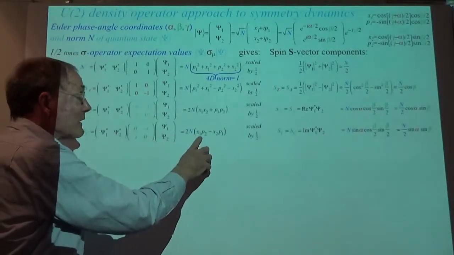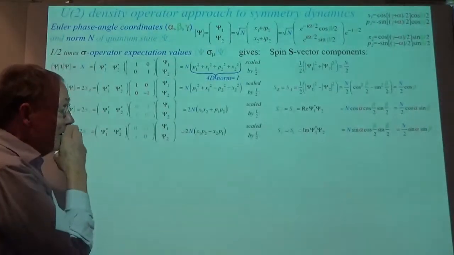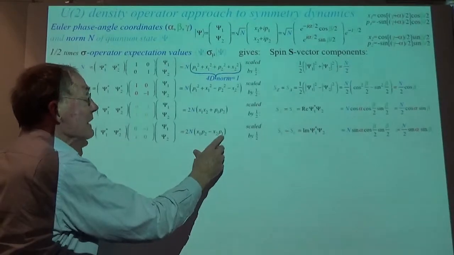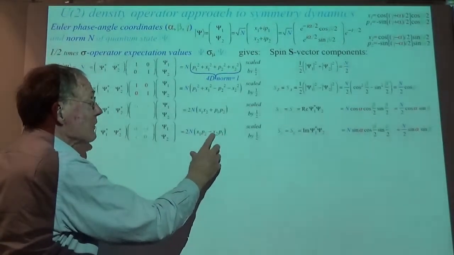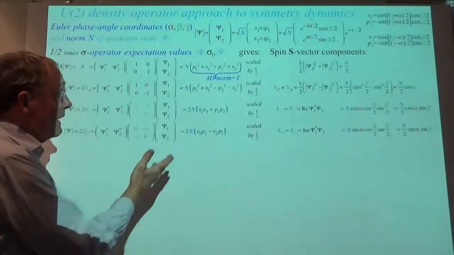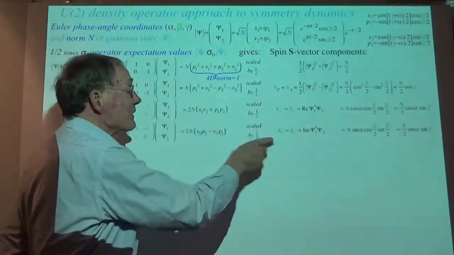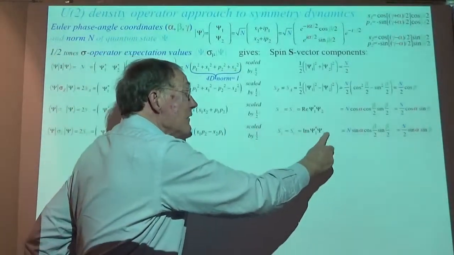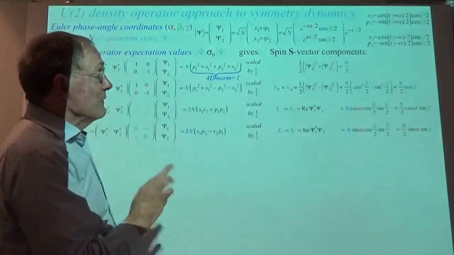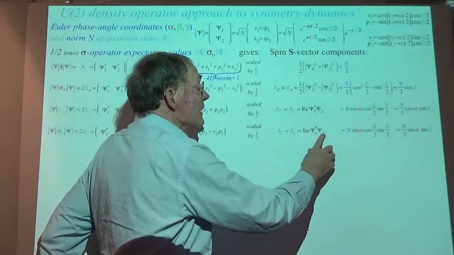And this one you recognize right away if I used X and Y notation. It's x p_y minus y p_x, x1 p2 minus x2 p1. Okay, but with a factor of 2, I'm going to scale by 1/2, get rid of that 2 just like I did here. And that's the imaginary part of this product of the different wave functions, psi1 star psi2.